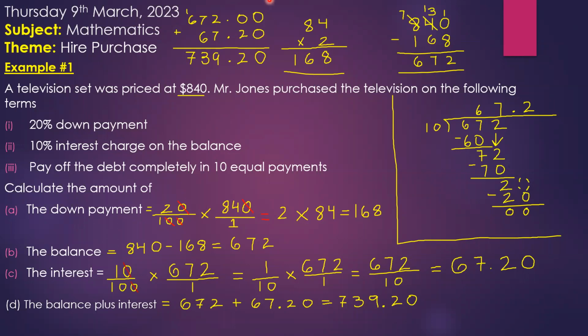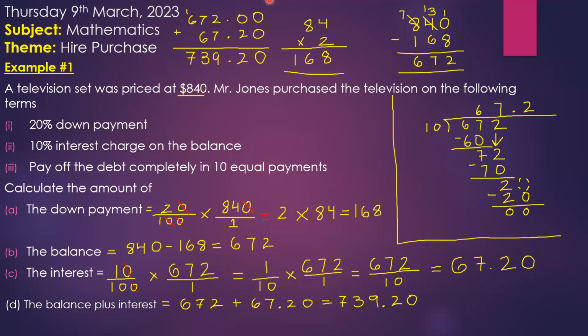You cancel out the zeros, and you get 2 times 84, which gives you 168. Good. Next one, the balance. You subtract 168 from 840, and you'll get $672. Good.